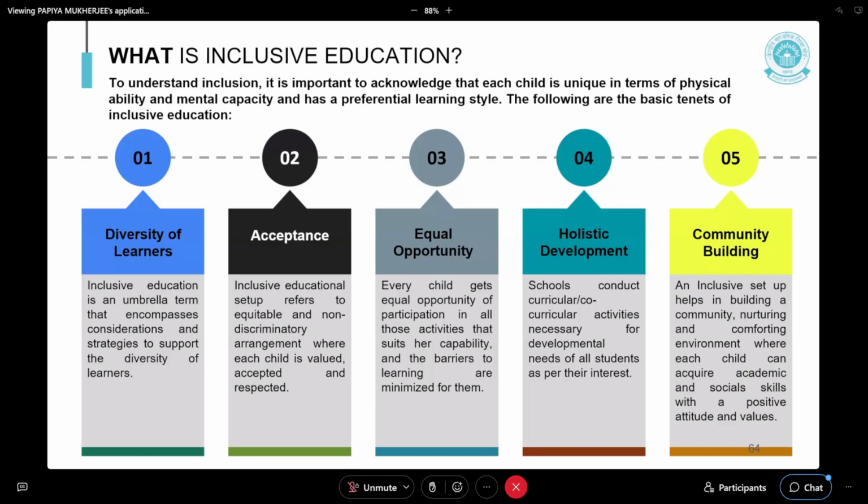The first step in bringing inclusion into the school is an equitable and non-discriminatory arrangement where each child should feel valued, accepted, and respected. As school principals, we need to plan activities, both curricular and co-curricular, that suit their capability.